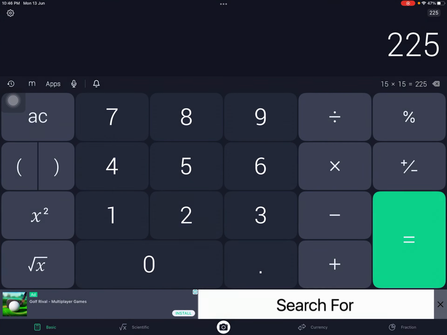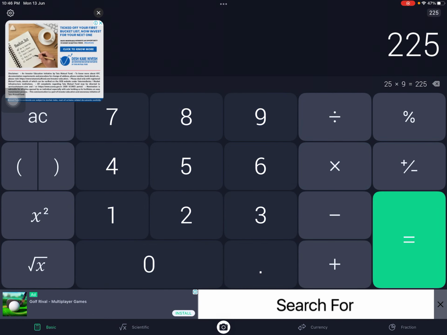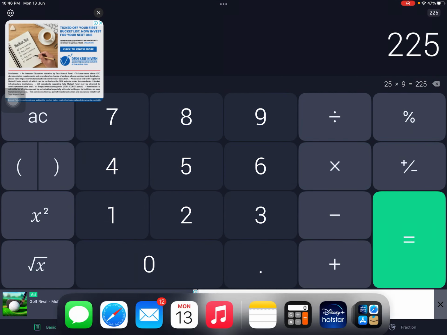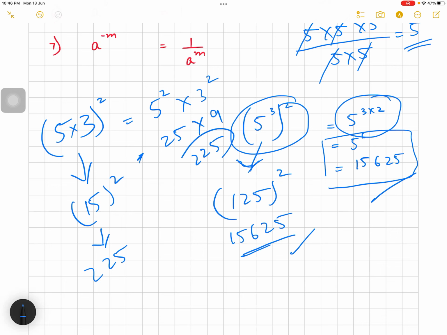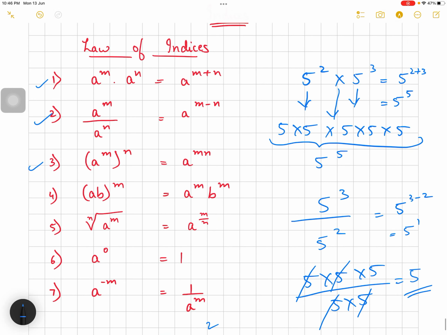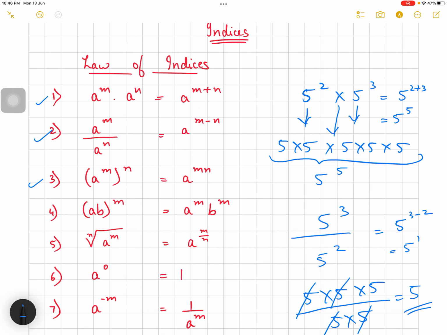How much is 25 into 9? 225. So this also we have proved. a into b the whole raised to m means a raised to m into b raised to m.